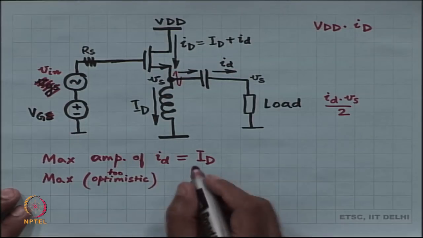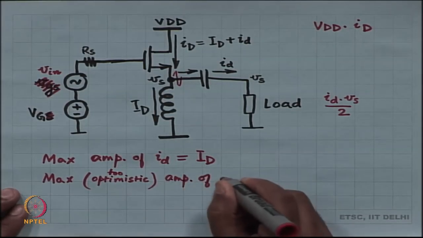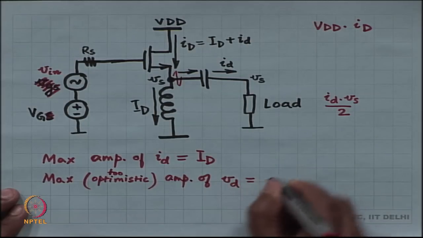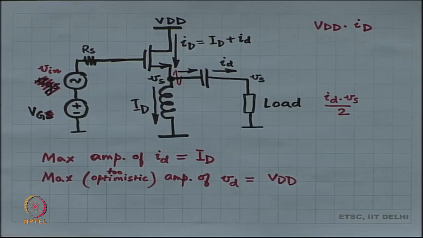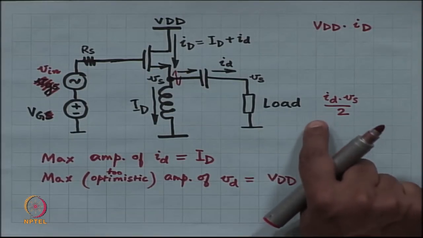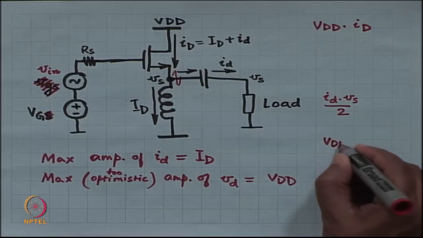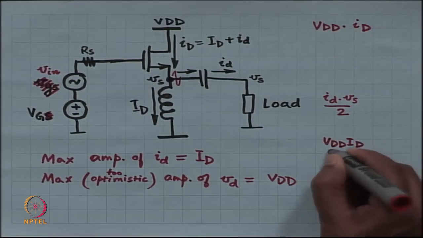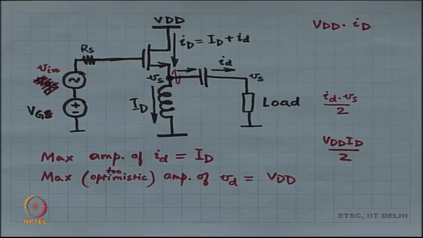So, too optimistic. Which means that the maximum power you can deliver to the load is nothing but VDD I_D by 2. That is the maximum possible power that you can deliver to the load.